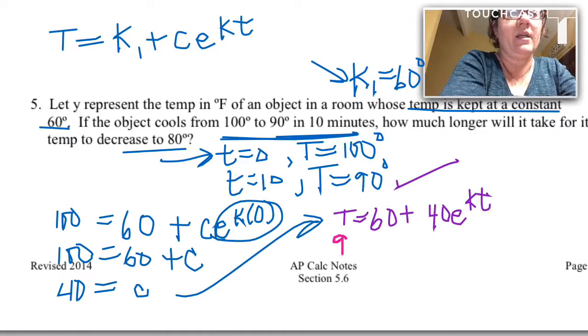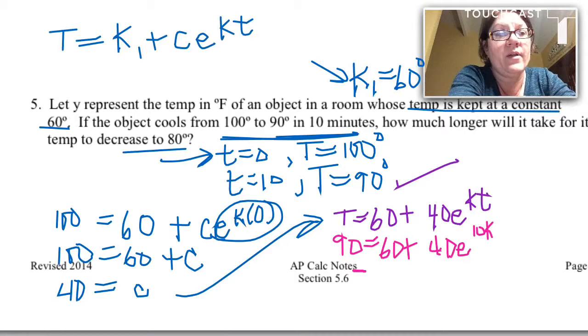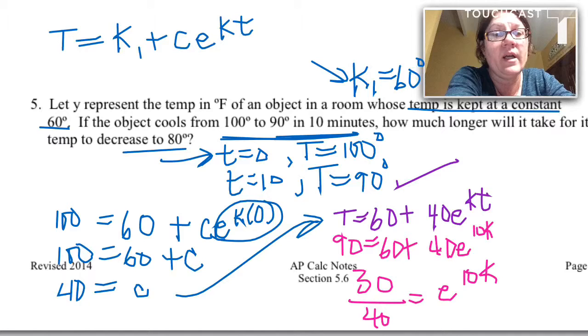So now I have 90 equals 60 plus 40 e to the 10k. And doing a little magic, I'll end up with 30 over 40. Convince yourself of that magic. e to the 10k. And I'm going to need a superhero to get that exponent down. So I'm going to natural log both sides.